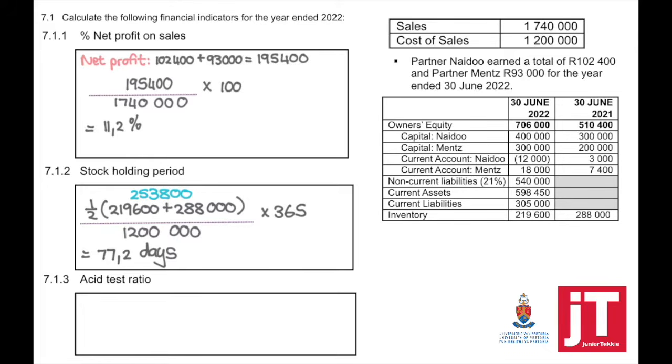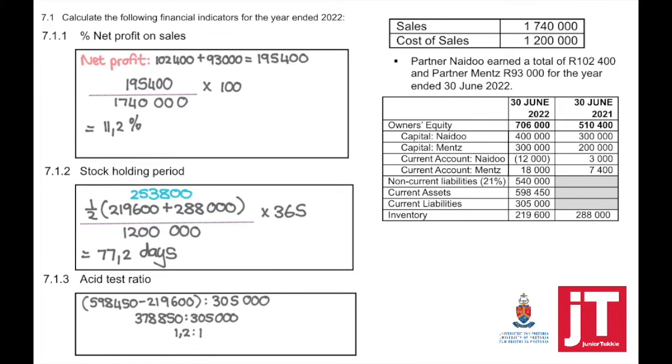So it all depends on how the information is given to you. If we look at how it was given here, they provided the current assets and they provided the inventories. So we're going to take the current assets minus inventories divided by the current liabilities. It's in a ratio, so the ratio should always be 2:1.